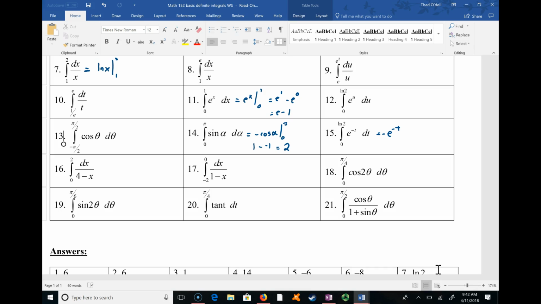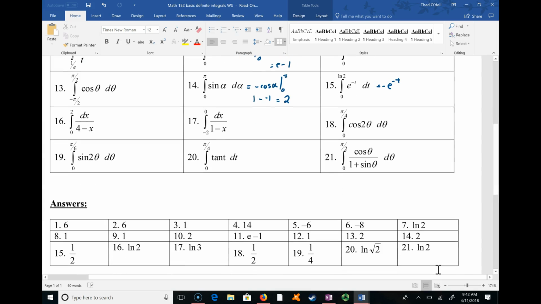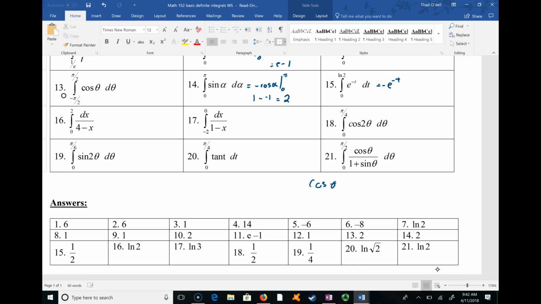How about number 21? Do you have any clue what to do with that? Remember doing this in trig?